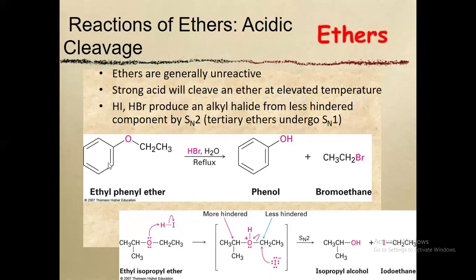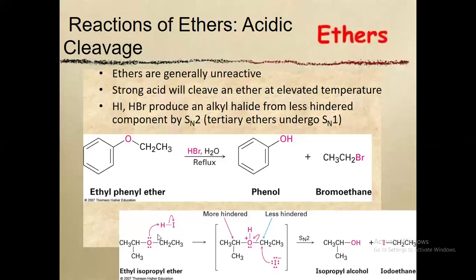So you see phenyl ethyl ether. But of course, if you are going to name it, the ethyl is smaller than the phenyl, so it's ethyl phenyl ether. If you react this with a strong acid at high temperature, it's going to cleave it to give you your phenol and your alkyl halide. So this is just showing the mechanism here. Because you are using a strong acid, it first of all protonates the oxygen of the ether.